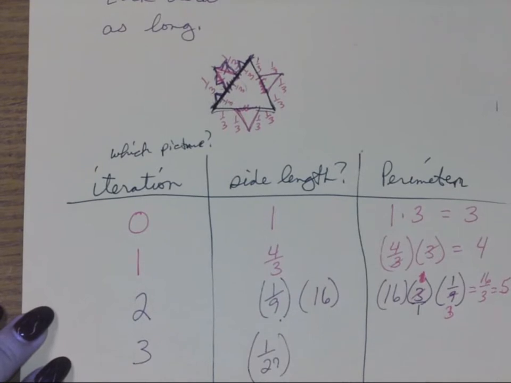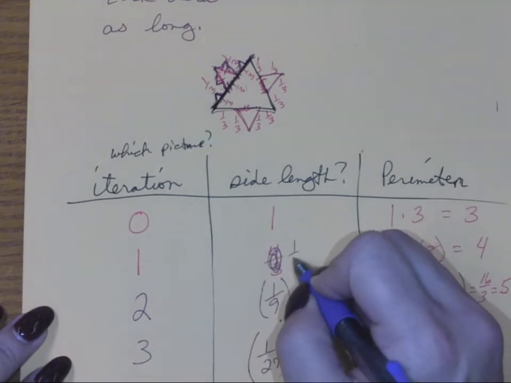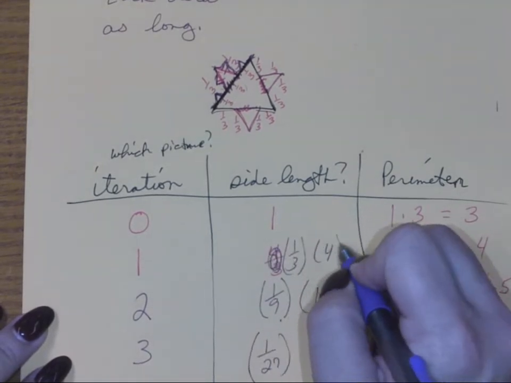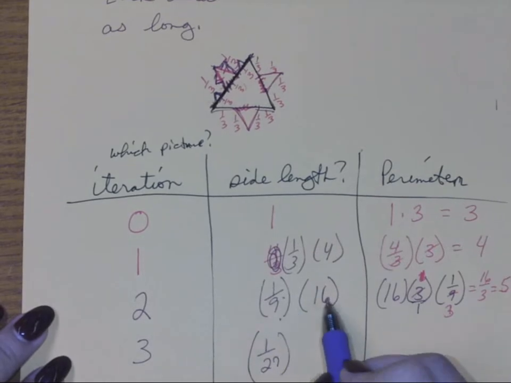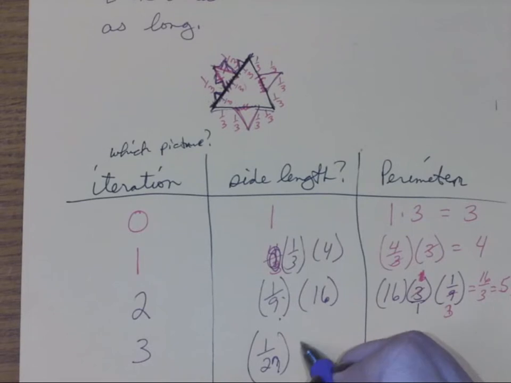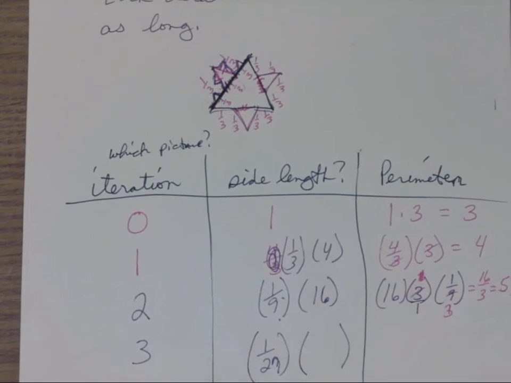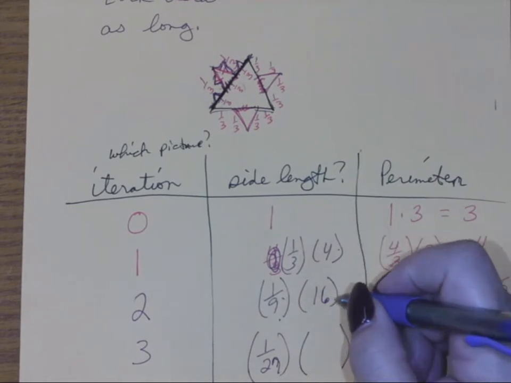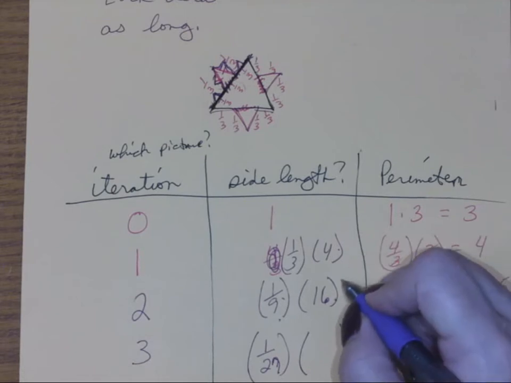Okay. So here I had 1/3 times 4 of those guys. Here I've got 1/9 times 16 of those guys. And here I've got 1/27, and I'd like you to take a guess at what you think that's going to be times. 4 times 4, right? 16 is 4 times 4.